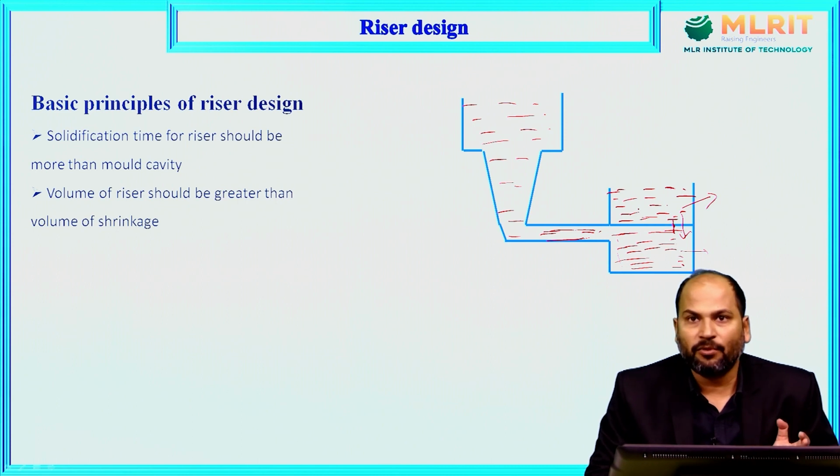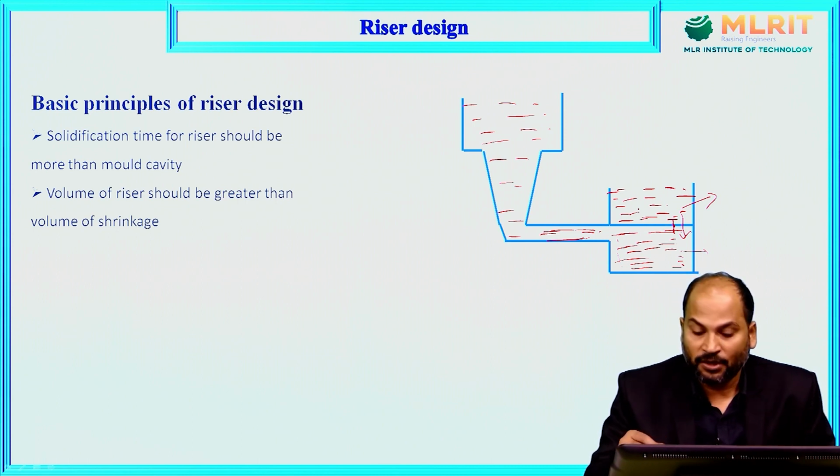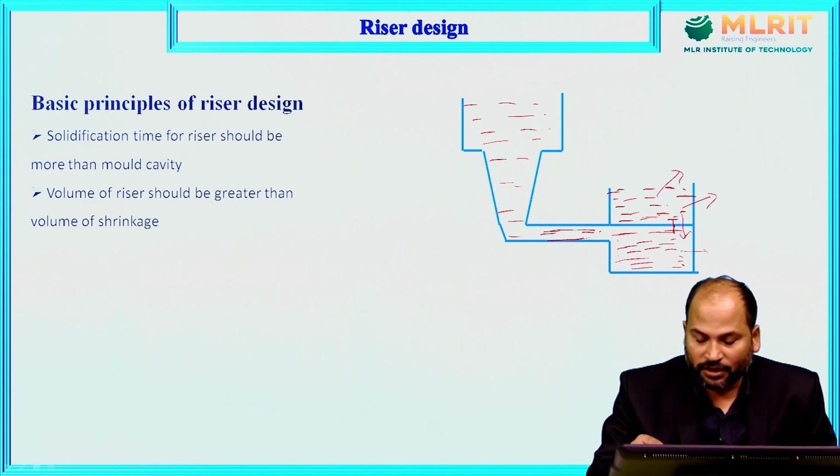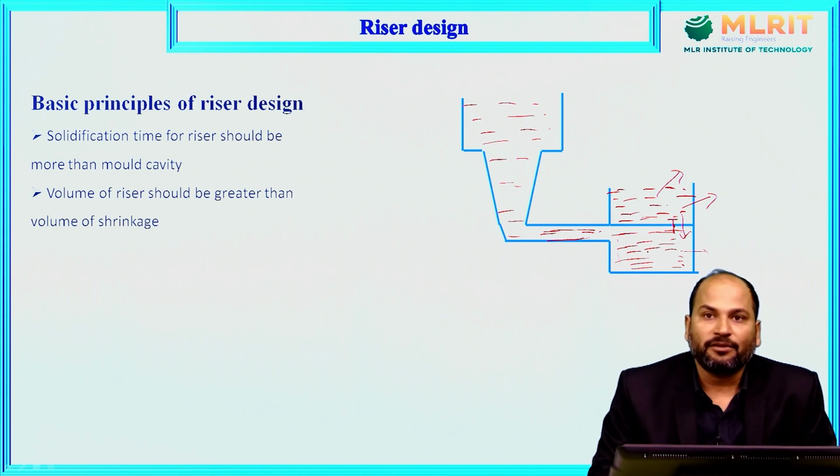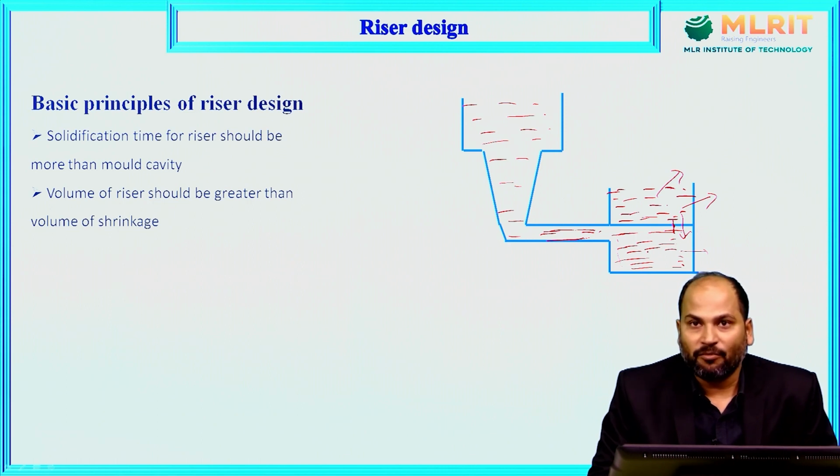If it is not in the molten stage, what will happen? Suppose it is in solid form in the riser, and the mold cavity already has contraction. This solid is not going to fill the shrinkage part in the mold cavity. So it is very important to understand that the metal in the riser can fill the mold cavity shrinkage only when it is in the liquid state.